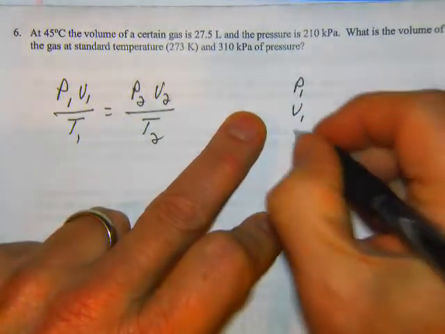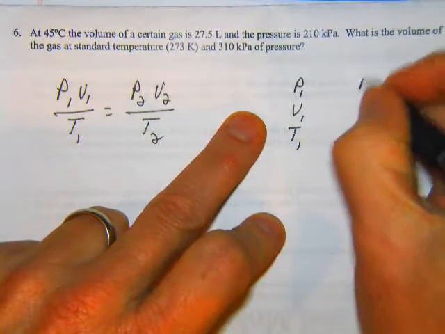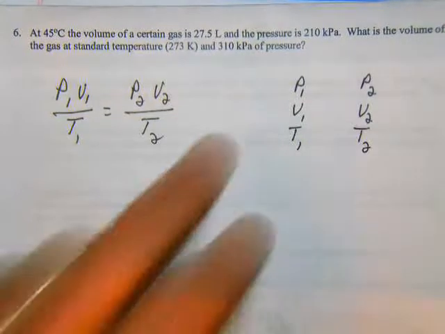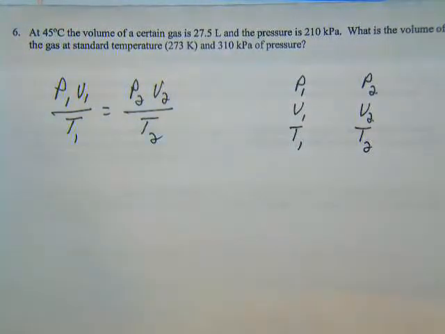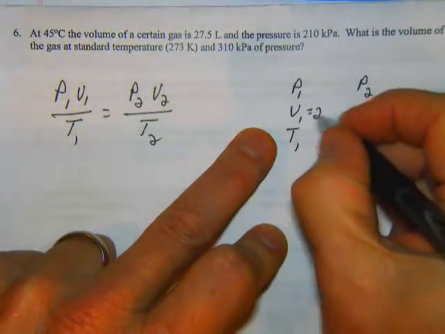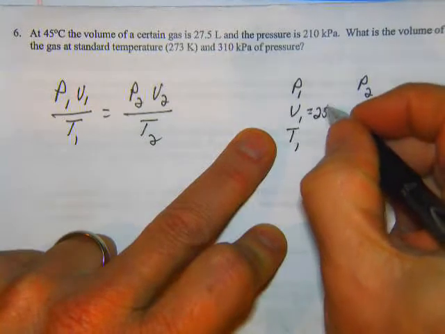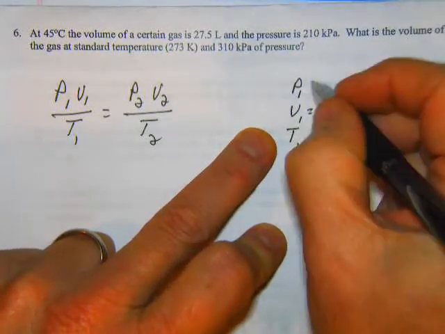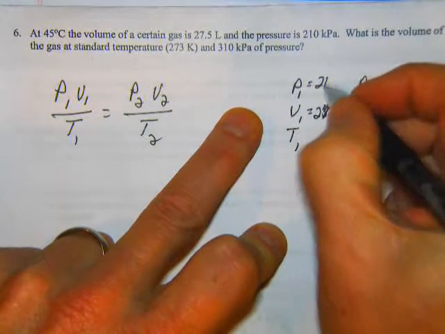P1 V1 T1, P2 V2 T2. Okay, at 45 degrees Celsius, the volume of a certain gas is 27.5 liters. So we know that's 27.5, and the pressure is 210.